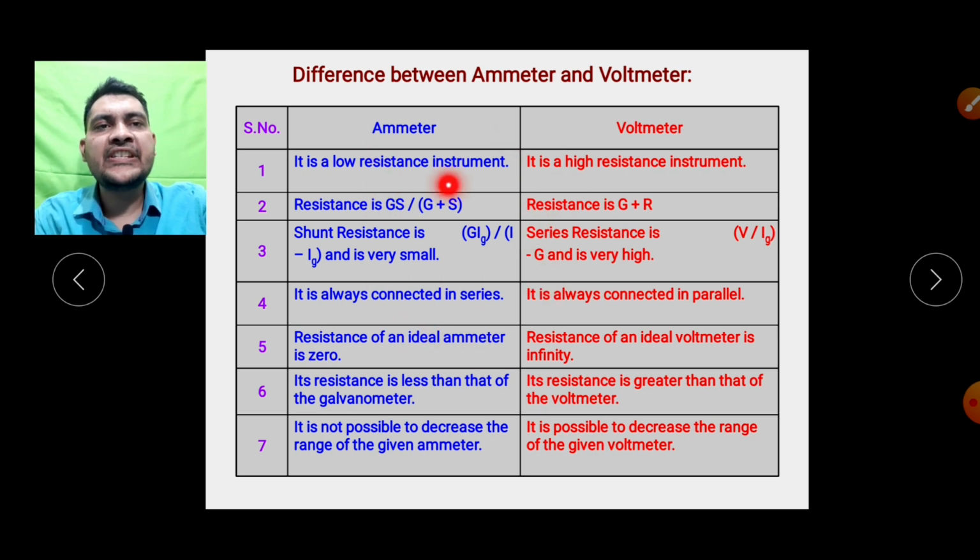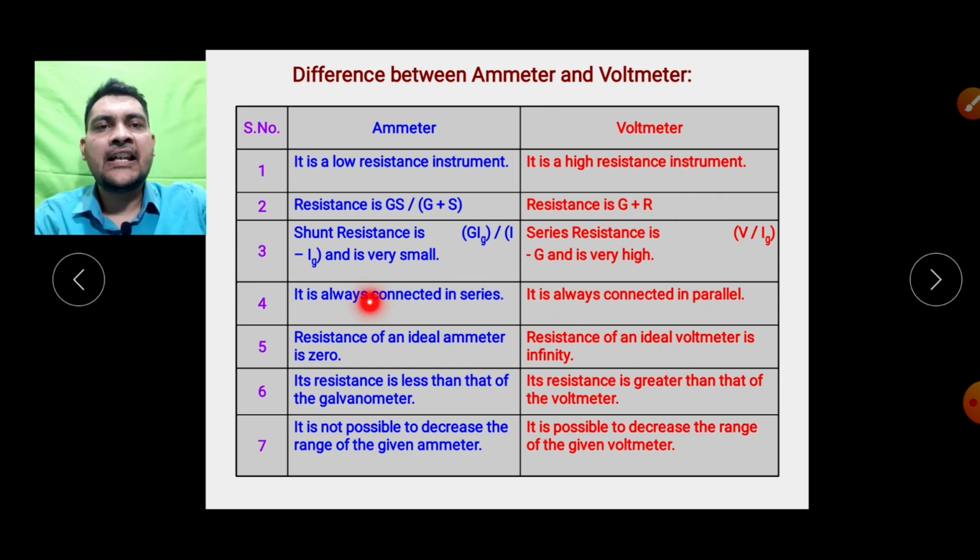So what is the effective resistance of G and S in parallel? If connected in parallel, the effective resistance is GS divided by G plus S. And if you are converting a galvanometer into a voltmeter, then you are connecting a high resistance R in series, and the effective resistance in series is the sum G plus R.